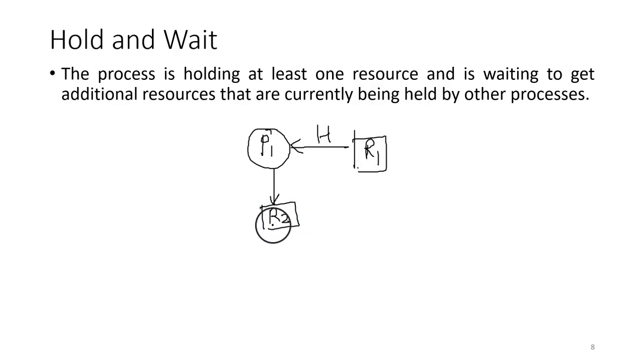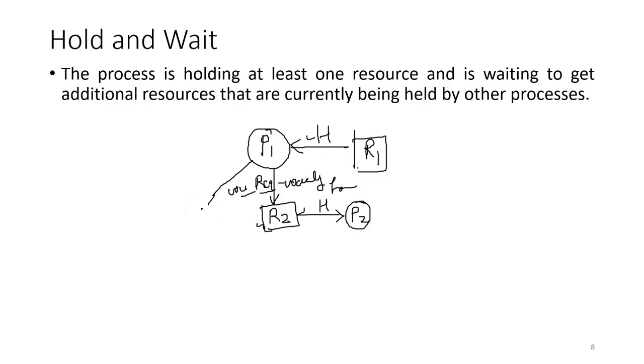But this R2, that is the additional resource, is already held by another process, that is P2. In this case, the request edge from process P1 to R2 will be in a waiting condition for indefinite time. So this condition is known as hold and wait condition.